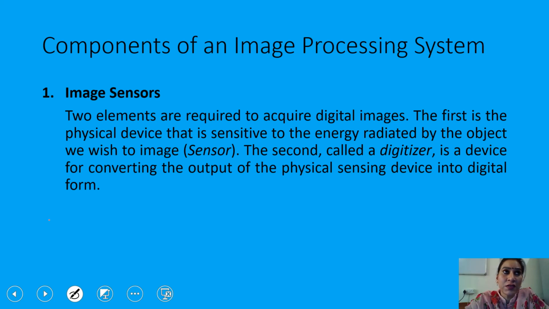Because for doing any type of processing on the images, we need to put that raw image onto the computer. For the computer, that image should be in digital form, because the computer understands digital data only.